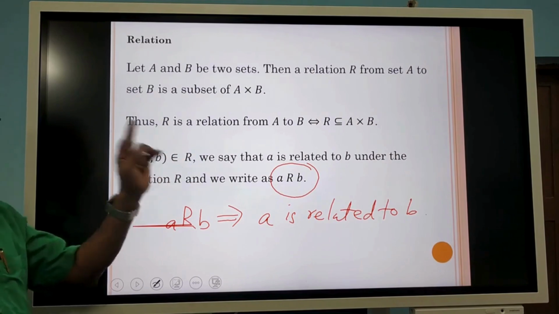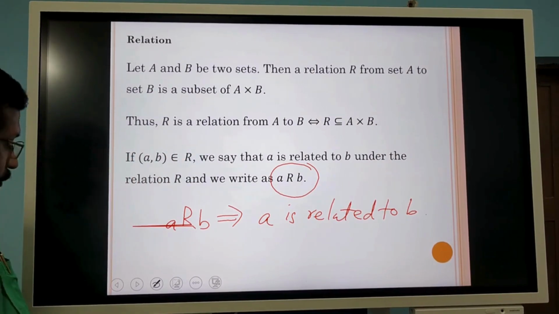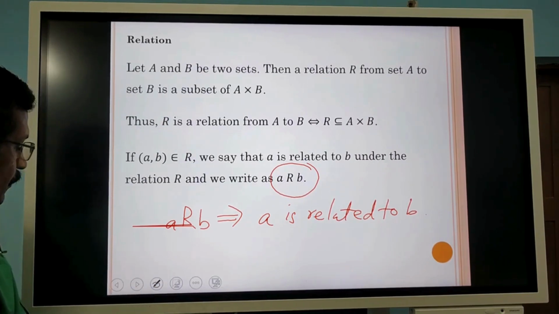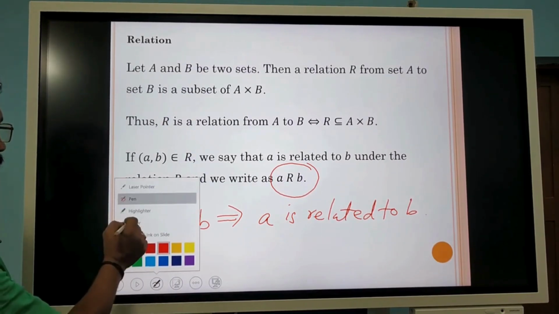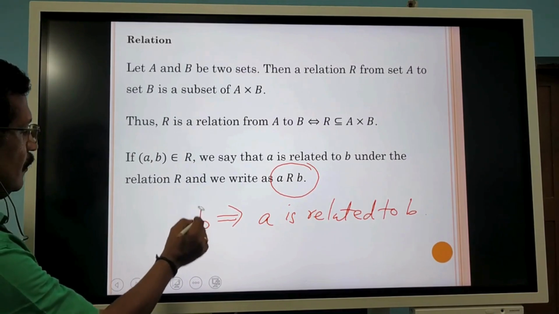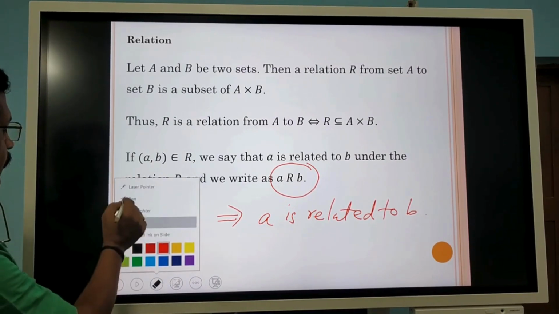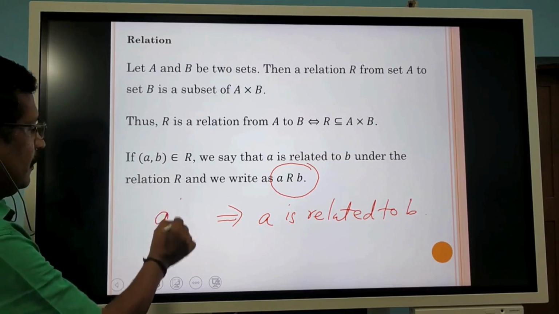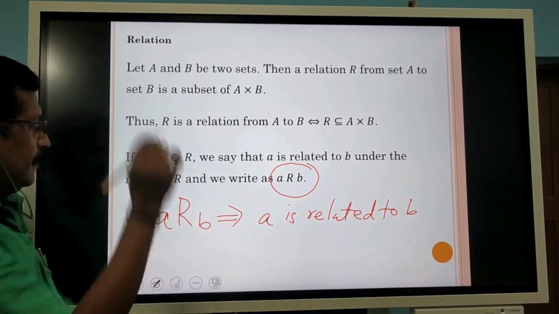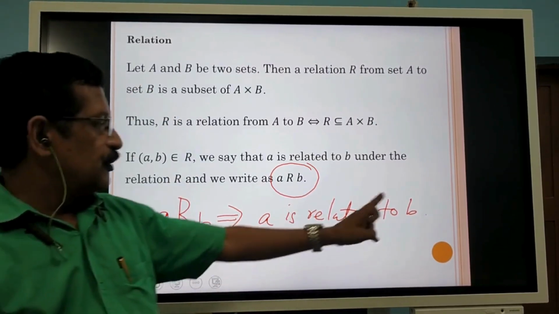So if ordered pair (a, b) is an element of R, then aRb implies a is related to b.